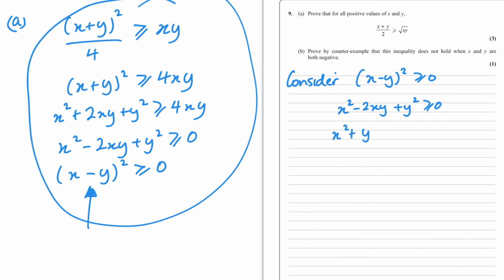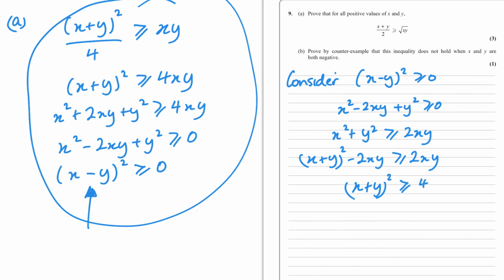X squared plus y squared is greater than or equal to 2xy. Now if I complete this square, I get (x plus y) squared minus 2xy is greater than or equal to 2xy. (X plus y) squared is greater than or equal to 4xy. Now x and y are both positive, and this would also mean that x would have to be greater than 0 and y would also be greater than 0.